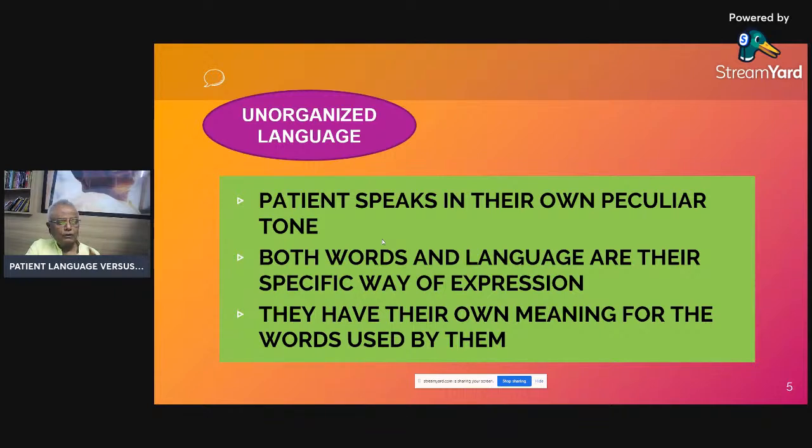Then he said, no sir, we call salty things sweet. So now see the difference in the meaning. The salt that we mean to be salty is meant like a sweet for the other person. So it is very important to understand the word the patient is using. They have their own meaning for the words used by them.